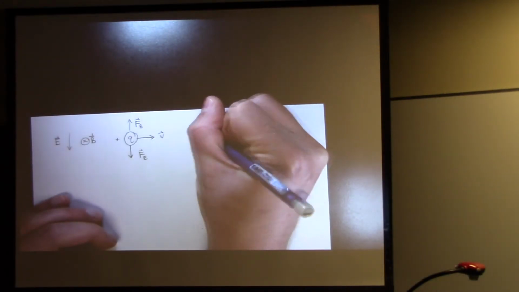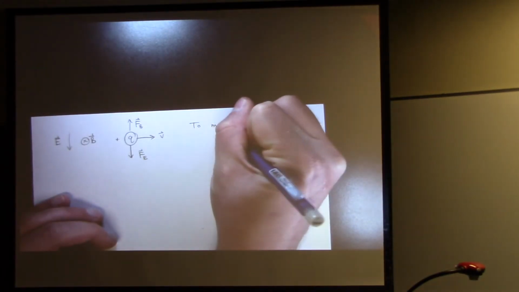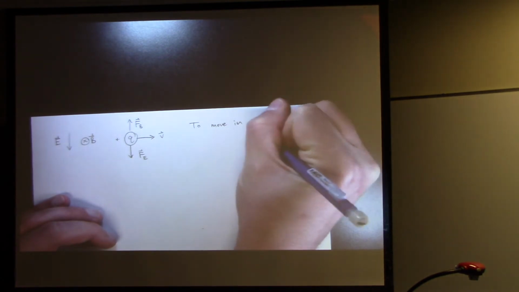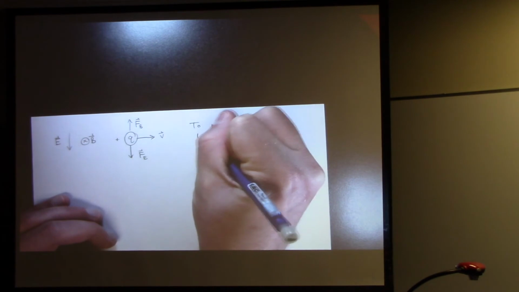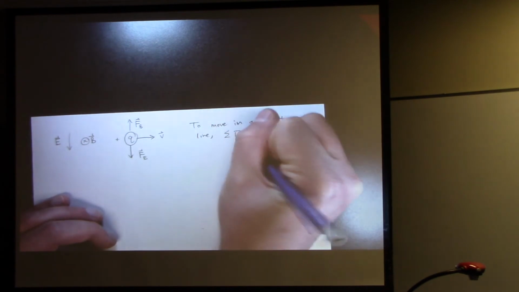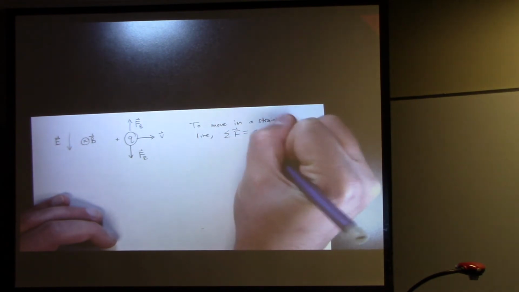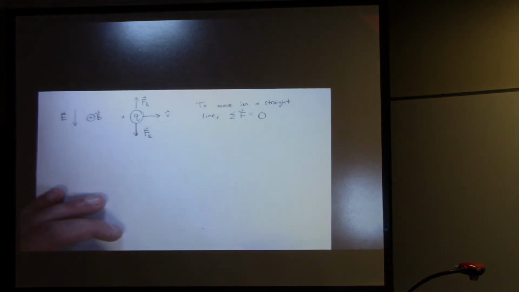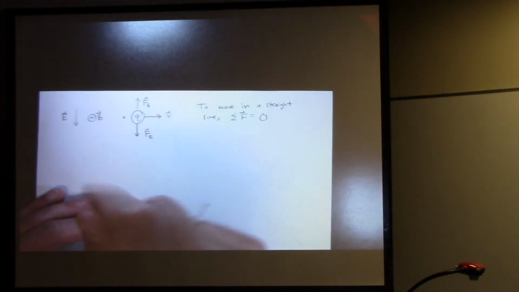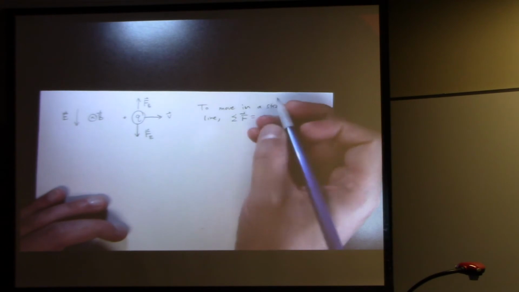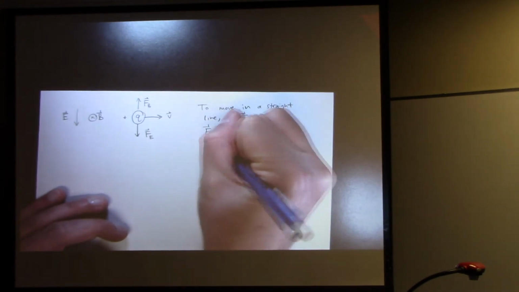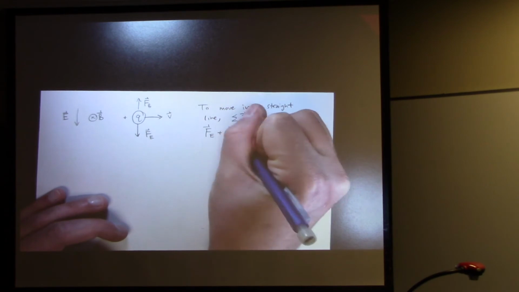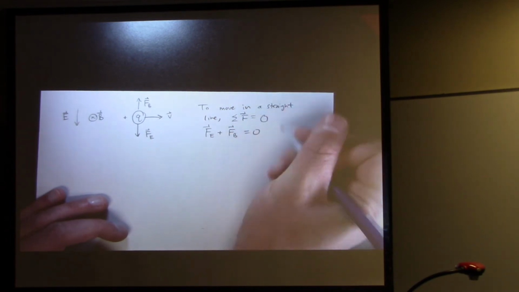And again, we want this to move in a straight line. And that automatically means that the net force acting on it equals 0. And so what that is telling us is that the electric force plus the magnetic force equals 0.